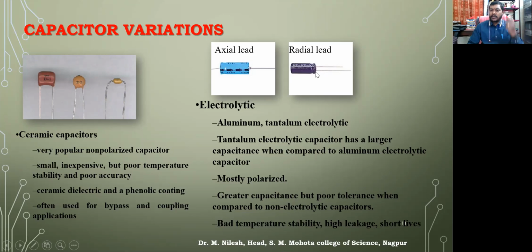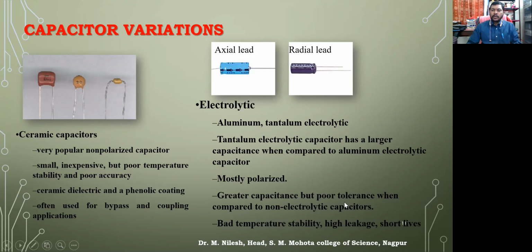So remember this, whenever we see the capacitors, then we'll know. These are called electrolytic capacitors, and they have aluminum, tantalum electrolytic capacitor, we call these, and they have larger capacitance as compared to ceramic capacitors, and they are mostly polarized. They have polarity, positive and negative.